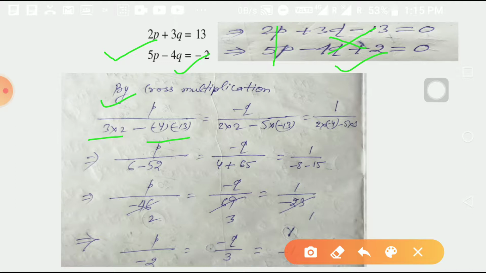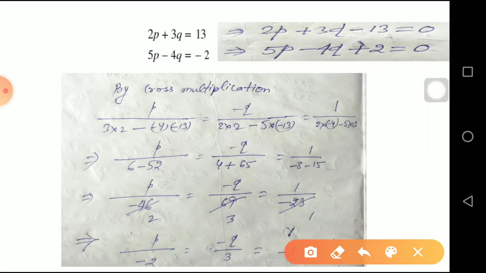Then for the second variable q, we will take minus q, hide this one, and multiply 2 by this 2, minus this 5 and minus 13, minus 5 multiplied by minus 13.